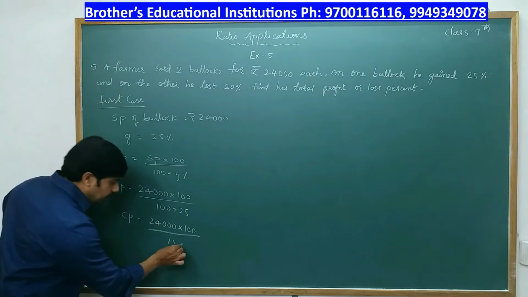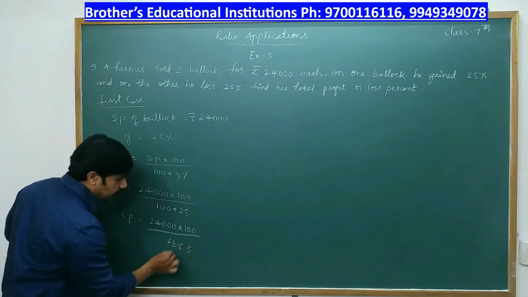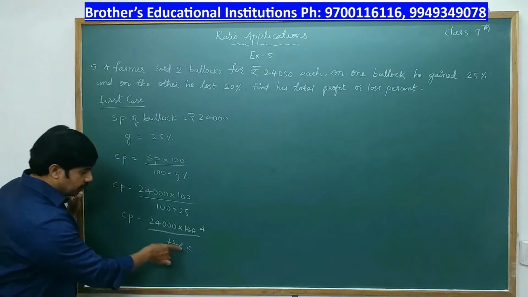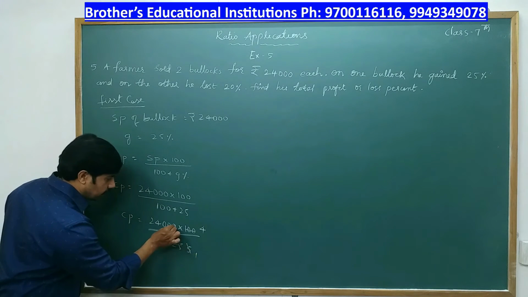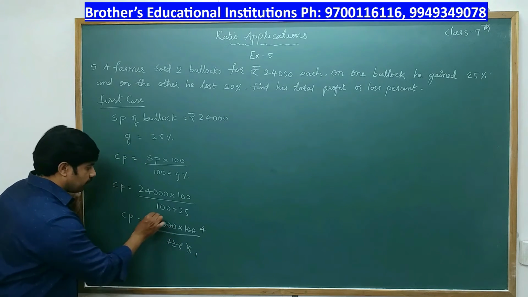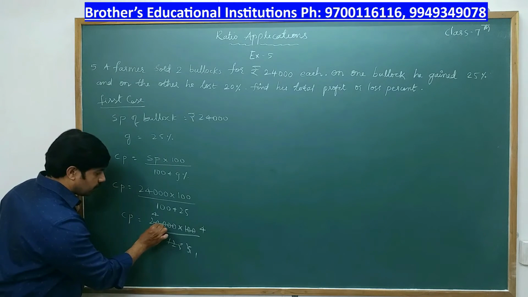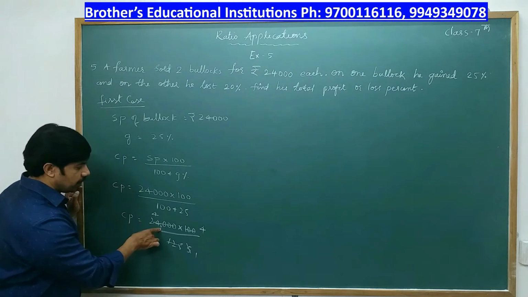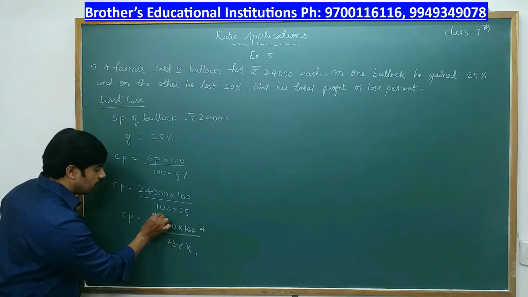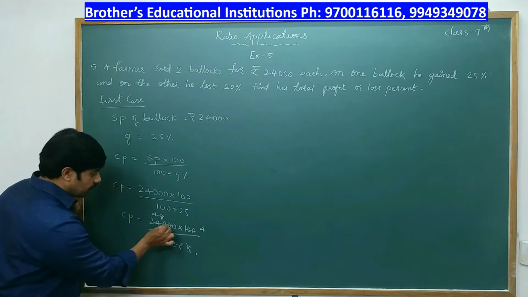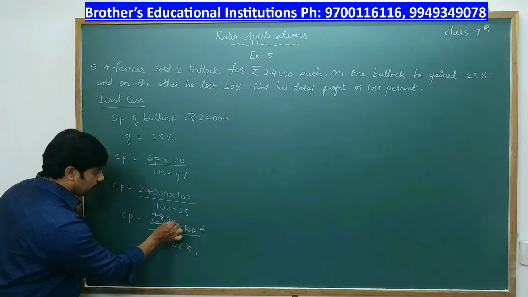See, 25 5s are 125, 25 4s are 100. So this we can eliminate in 5. 24,000 can be cancelled in 5. 5 4s are 20, remainder 4, 4 0 40, 5 8s are 40, 5 zeros are 0, 5 zeros are 0.